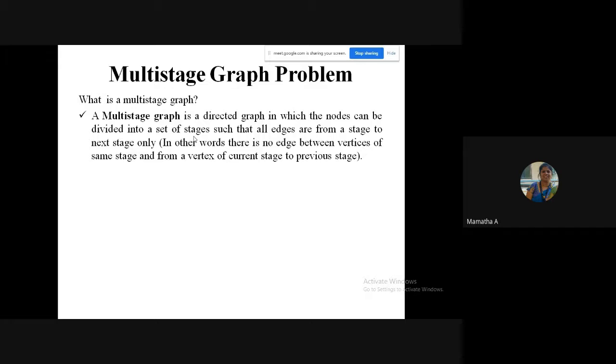It is something like you moving from one semester to the next semester. You will not come back to the same semester again, isn't it? So the edges will be moving from one stage to the next stage only. In other words, there is no edge between vertices of the same stage, and also no edge from a vertex of the current stage to the previous stage.